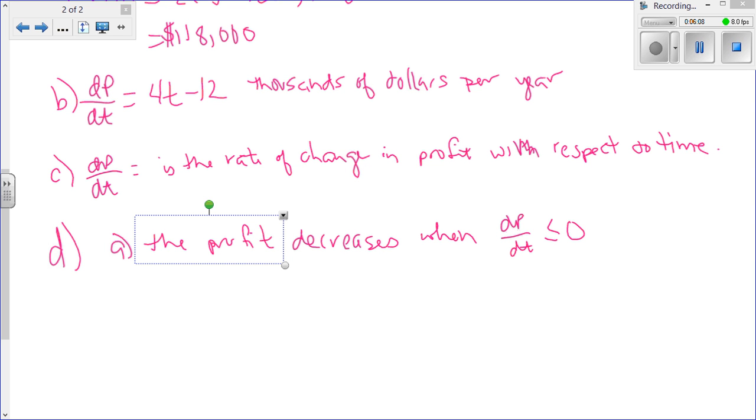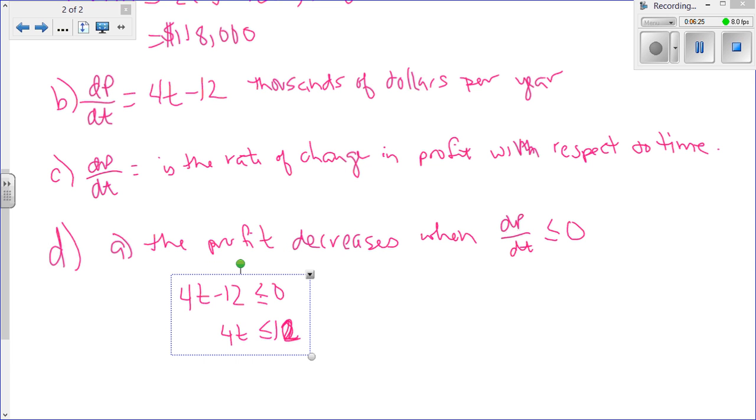So we take our derivative 4t minus 12 and make it less than or equal to 0. If we solve this, we will have 4t is less than or equal to 12, and then divide by 4, so t is less than or equal to 3.